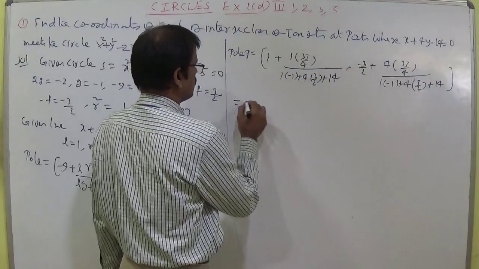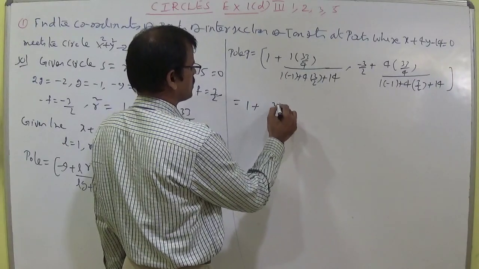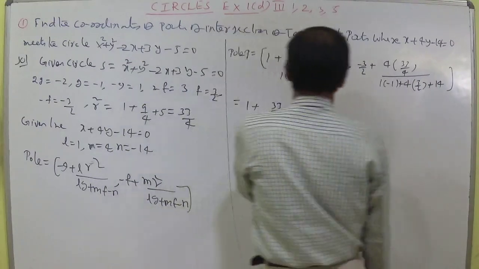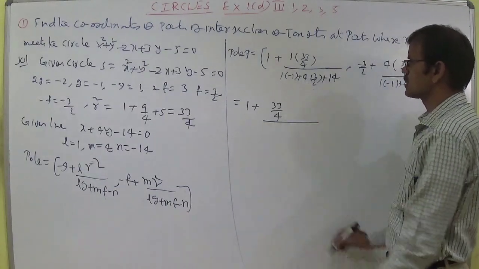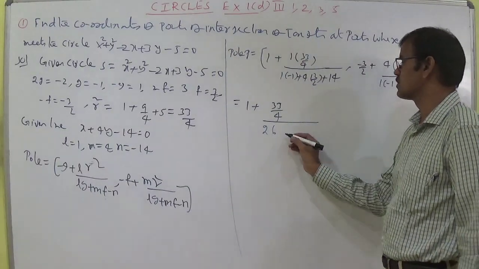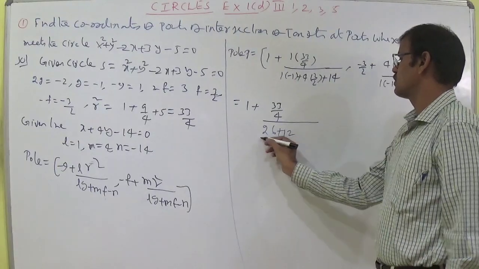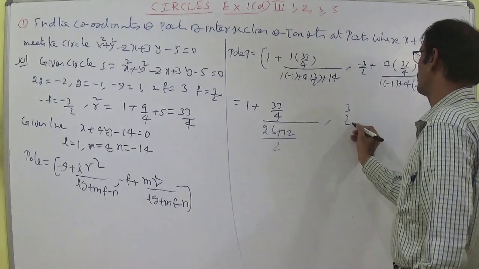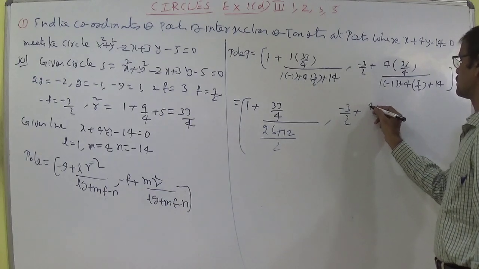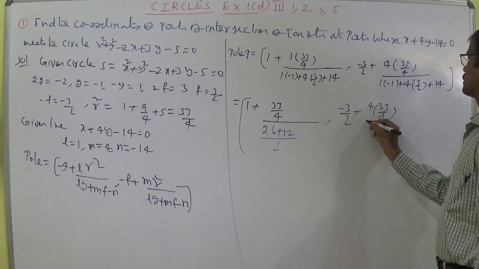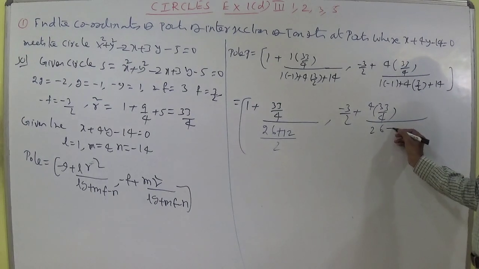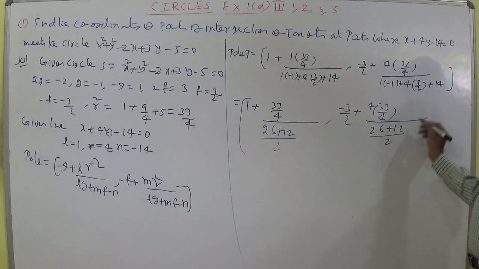That is equal to 1 plus 33 by 4, whole by, take an LCM here, 14 minus 1, 13, 13 twos are 26, 26 plus 12, whole by 2, comma, here minus 3 by 2, don't cut this one, 4 into 33 by 4, by the same method, 14 minus 1, 13, 13 twos are 26, 26 plus 12, by 2.